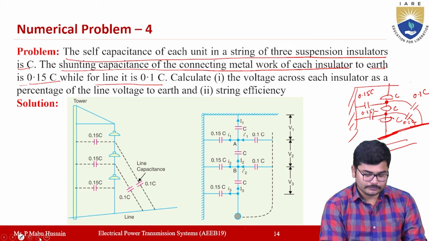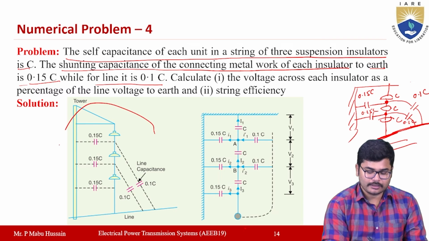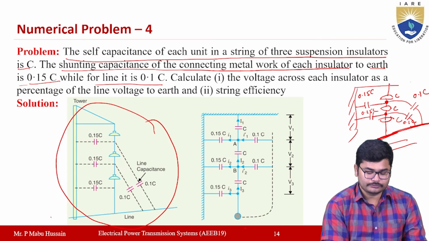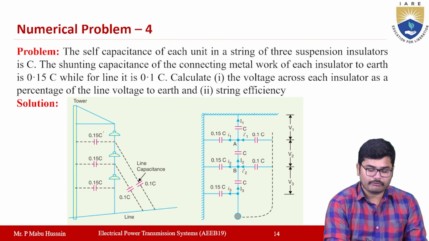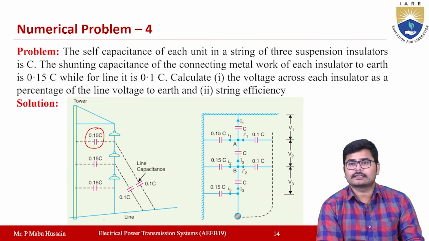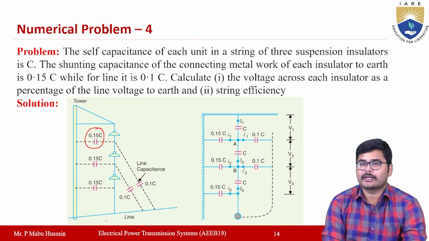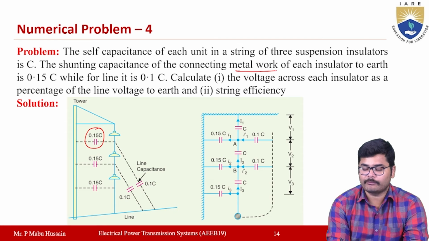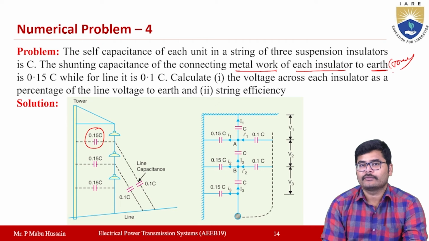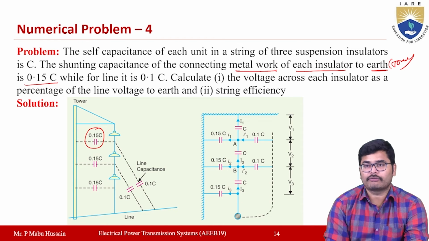The same thing is represented here. 0.15 C is the shunt capacitance between the metalwork of each insulator and earth. Earth here is nothing but the tower.